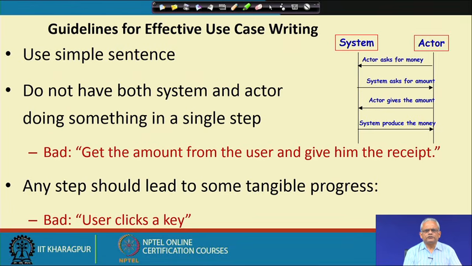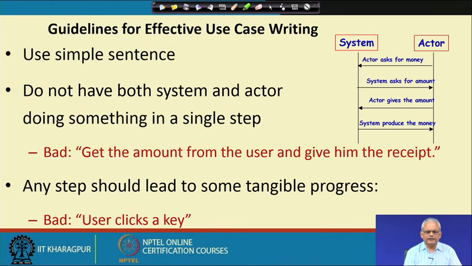So, we just saw some templates for documenting use cases, but UML gives flexibility in not following exactly the same standard template. We can tailor it, but the ones that we discussed are considered good practices, and many developers follow that.